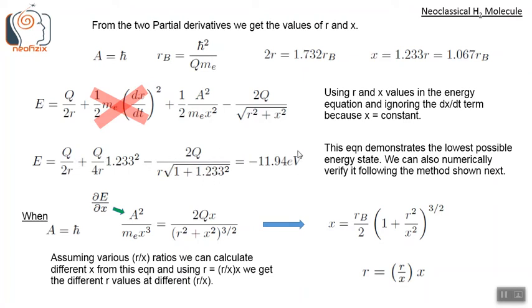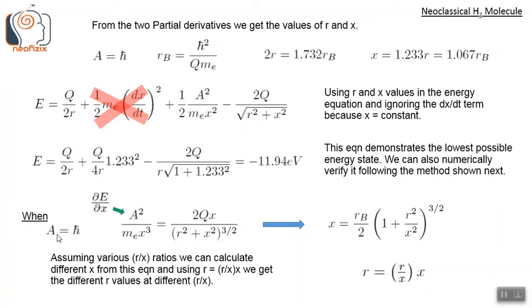Overall the energy adds up to minus 11.94 electron volt. So this equation demonstrates the lowest possible energy state of the three body configuration shown here. The lowest energy state of that is minus 11.94 electron volt. We can also numerically verify it following the method shown next.